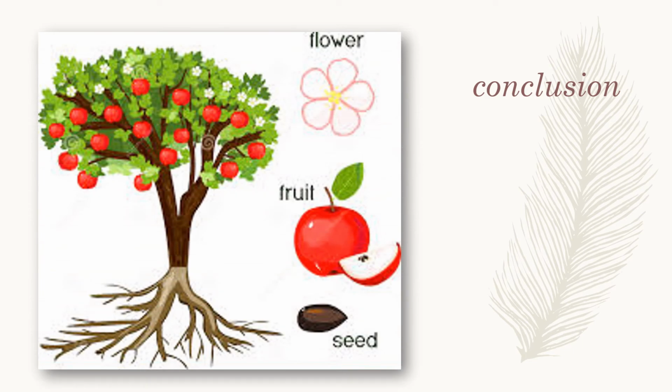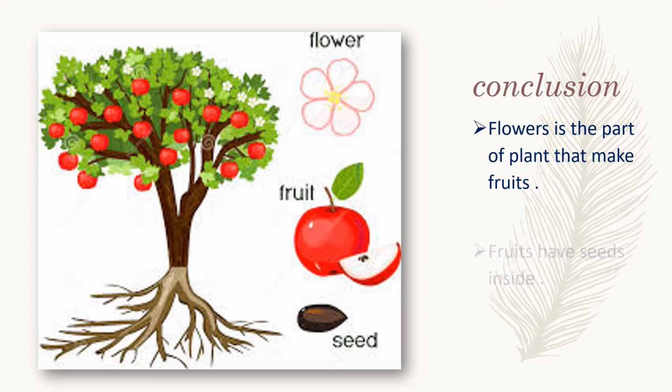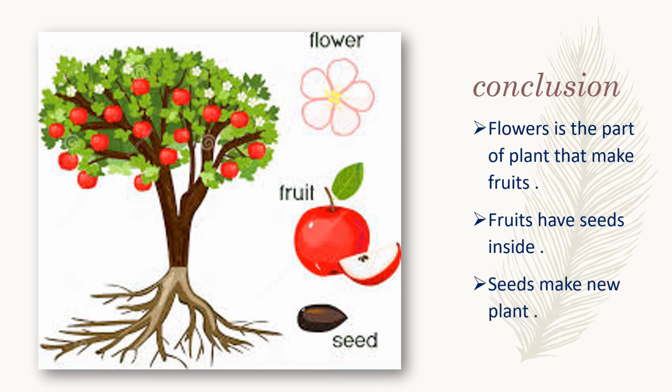Conclusion. Come with me to repeat our lesson briefly. Look here, can you see these plants? Flowers are the part of a plant that makes fruits, okay? So which part of a plant makes fruits? Flower. Fruits have seeds inside, and seeds make a new plant.